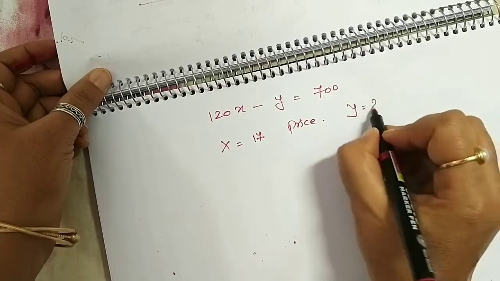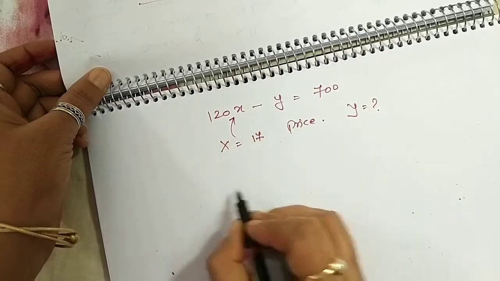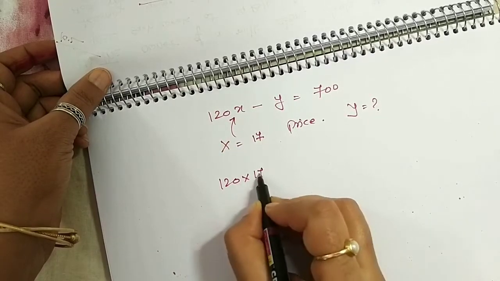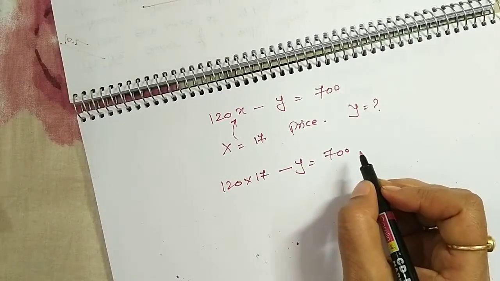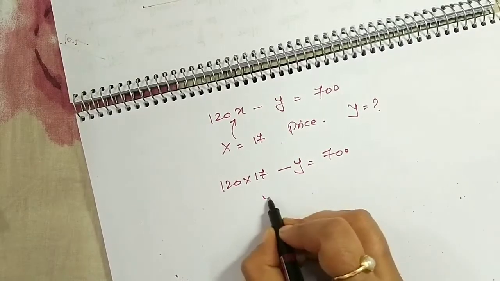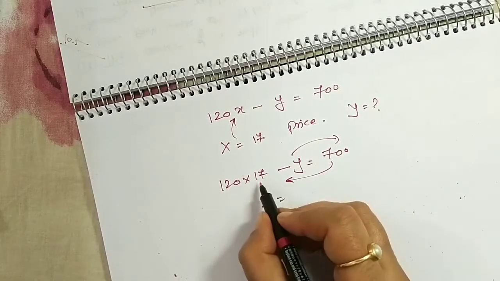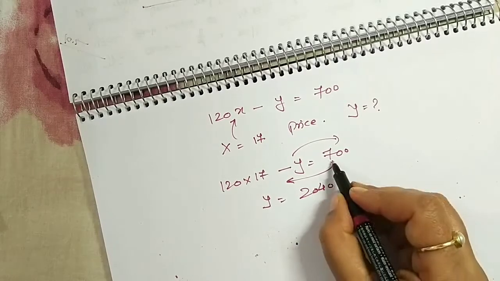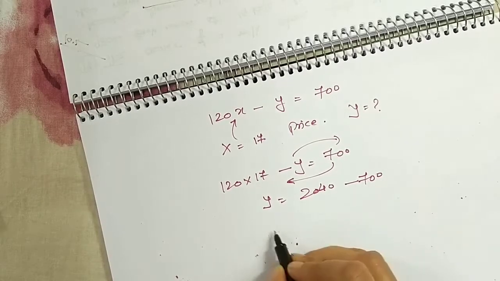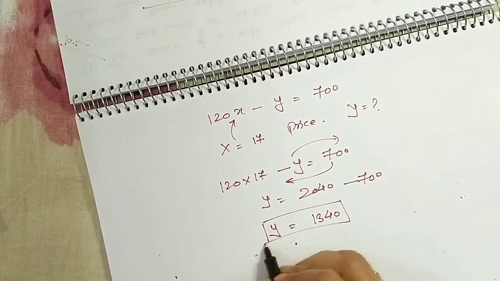So what is y? This is my question. Let me put this value here to calculate y. So 120 into 17 minus y is 700. So y I am taking here to make it plus, and this here. This into this is 2040, and this will become minus 700. So y is equal to 1340 liters.